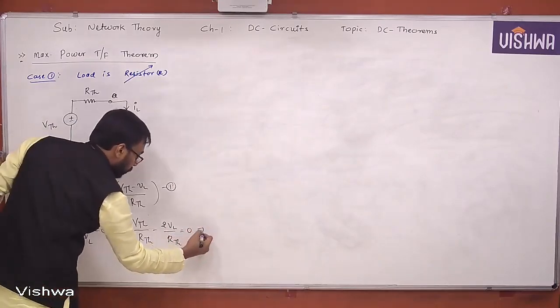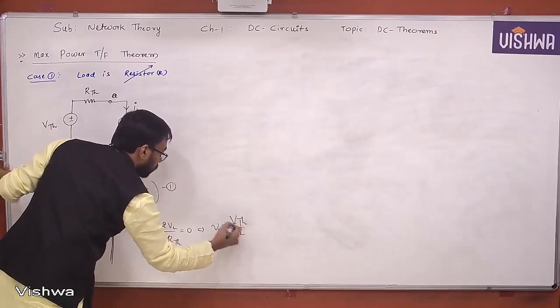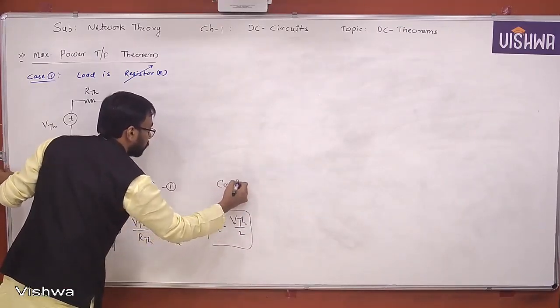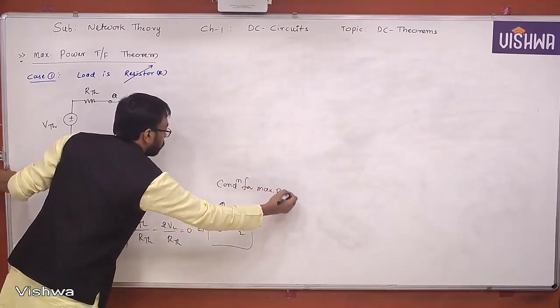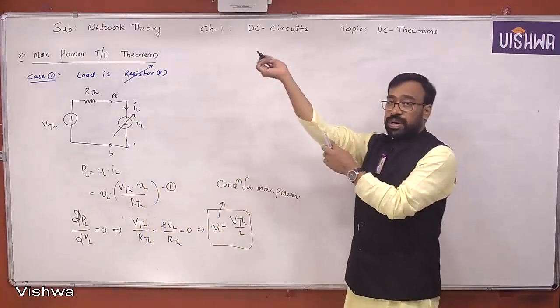Now you get VL is equal to VTH by 2. This is called the condition for maximum power transfer. Understand? This is the condition for maximum power transfer.